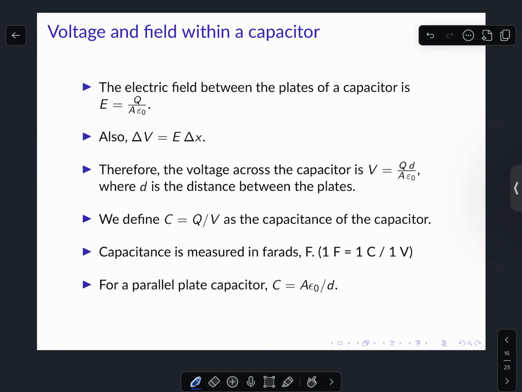Okay, so if we know that the electric field between the plates of the capacitor has an equation, then I can plug this into the equation voltage equals electric field times distance. Where'd that minus sign go? As I alluded to last time, I don't usually care, if I'm using a capacitor as a device, about the direction of the electric field inside.